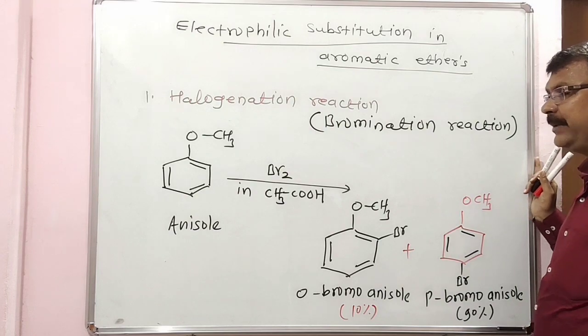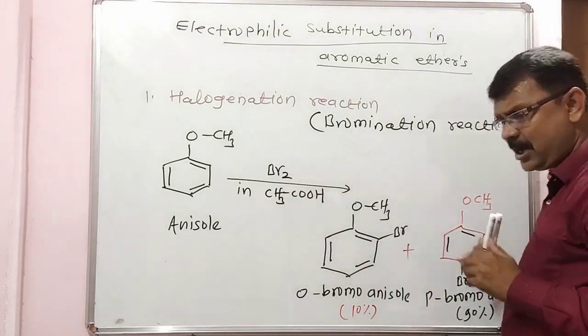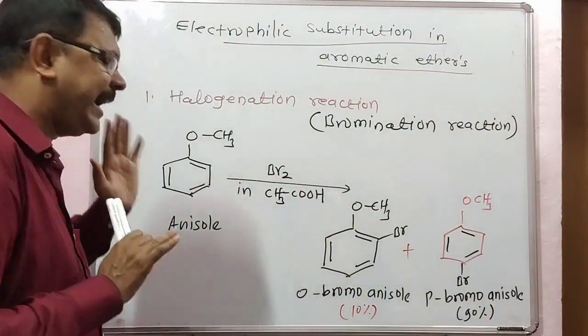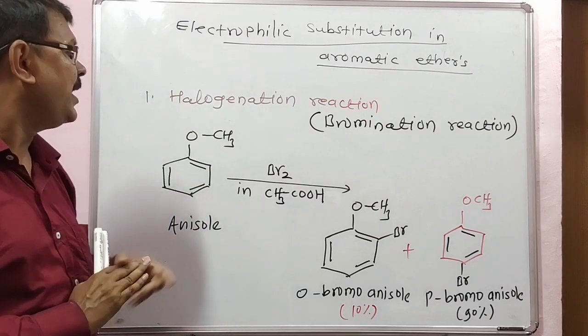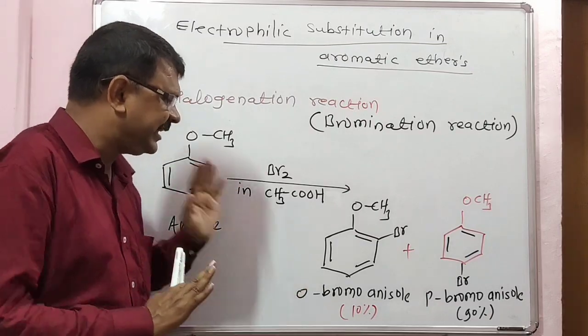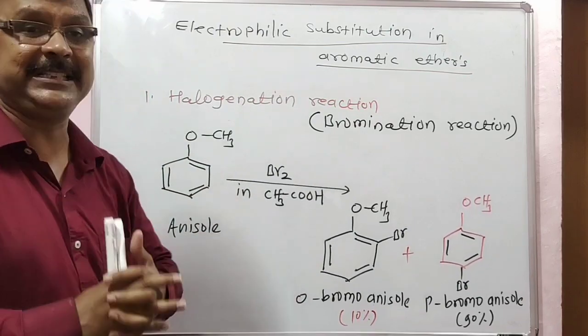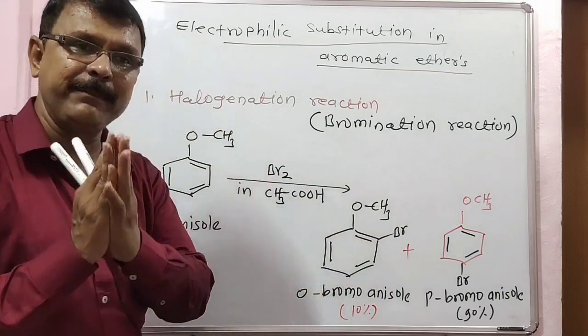Why not? Because we use Br2 in acetic acid. A simple question: what is the action of Br2 in acetic acid on anisole? Anisole reacts with Br2 in acetic acid to give a mixture of ortho-bromoanisole, 10% minor product, and para-bromoanisole, 90% major product.